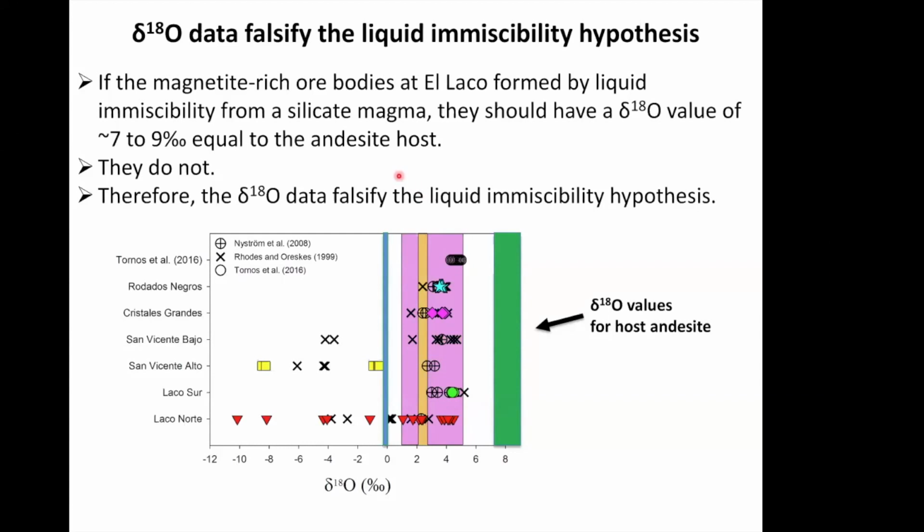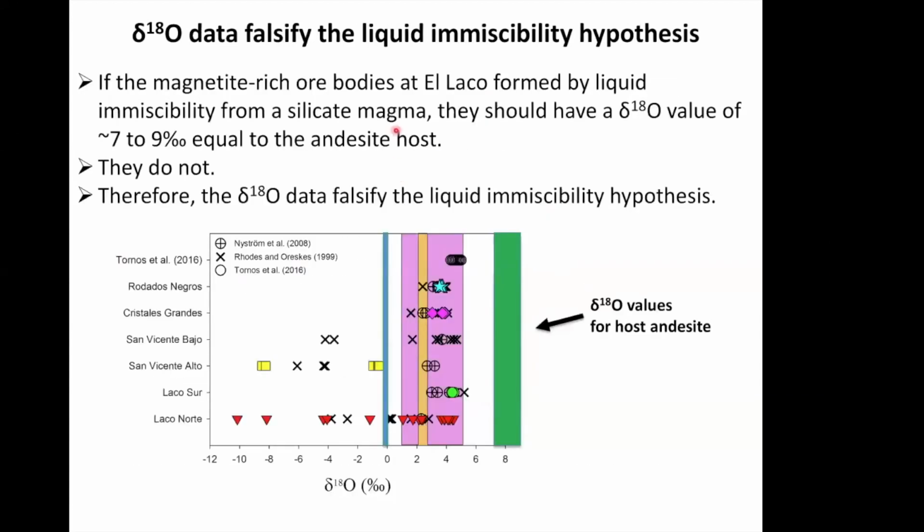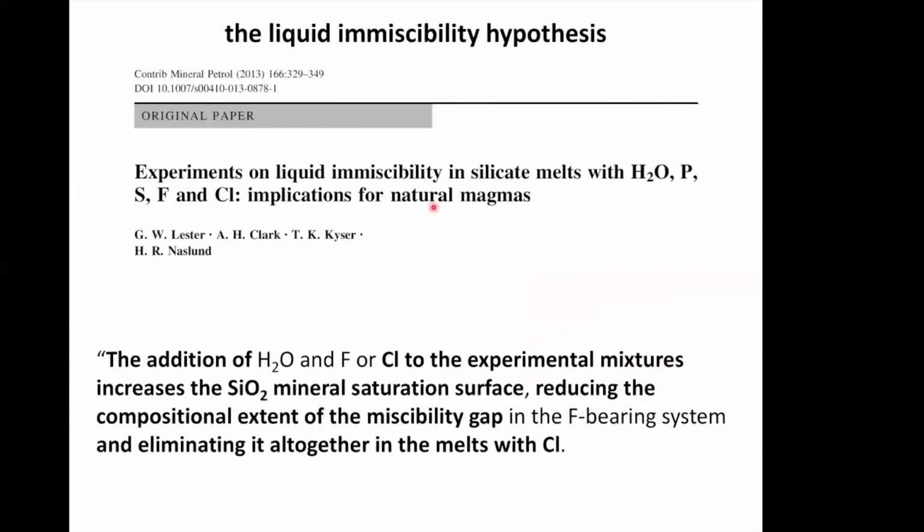So using the experimental data from Lester in this paper, the oxygen isotope data should be the same in both the andesite host and the immiscible liquid if it's an iron-rich liquid that exsolved from a parent silicate liquid. And so the oxygen isotope data themselves falsify the liquid immiscibility hypothesis.